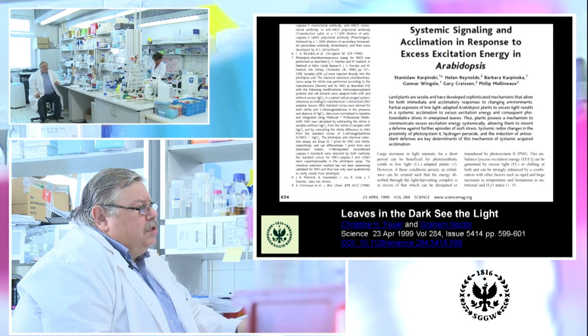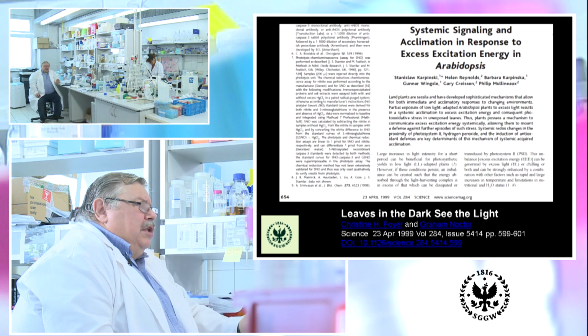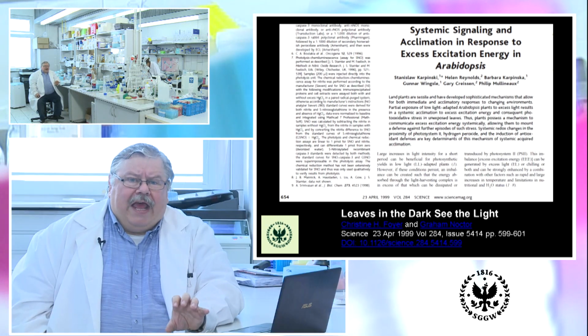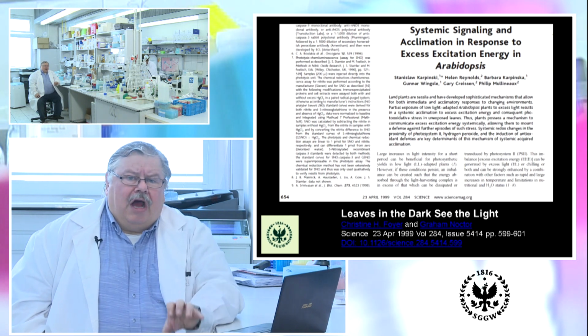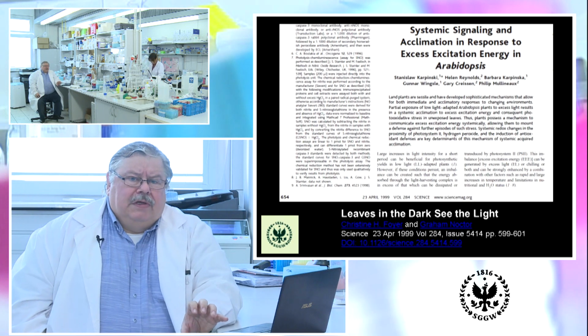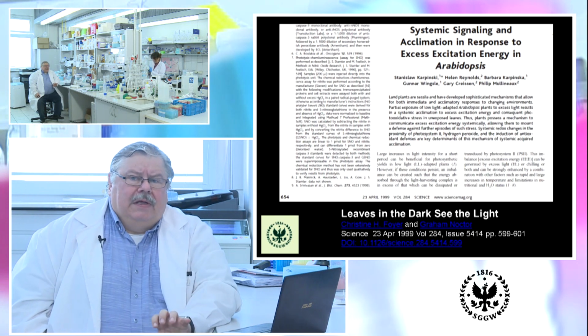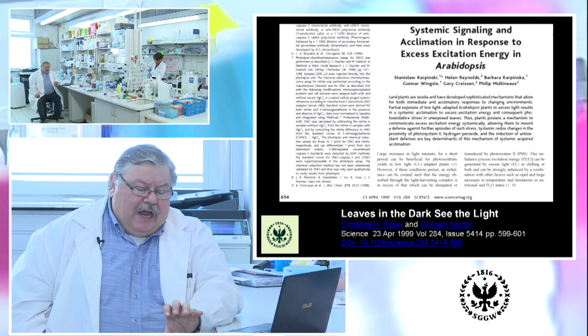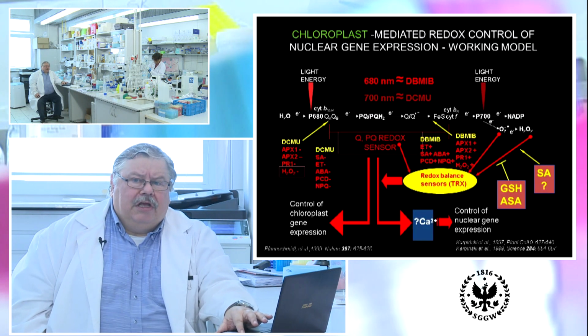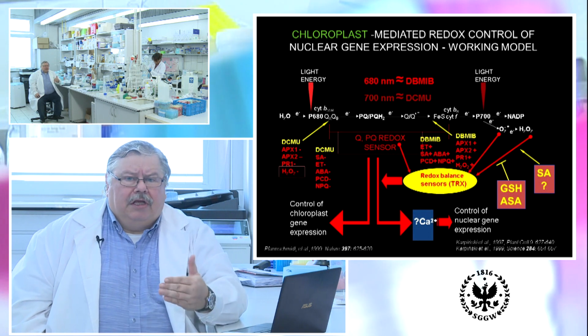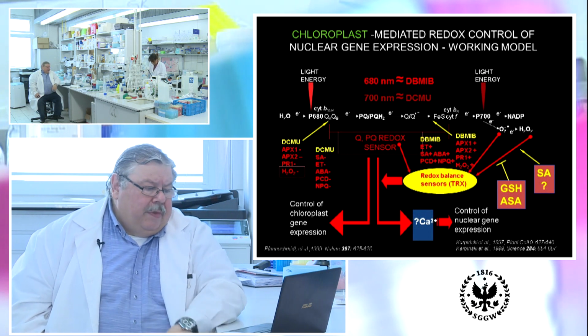Systemic acquired acclimation is not only associated with a systemic induction of genes, but in this paper we showed that in fact the leaves which are undergoing systemic acquired acclimation are more tolerant to the excess light stress, and the level of photoinhibition in such acclimated leaves is lower than in non-acclimated leaves.